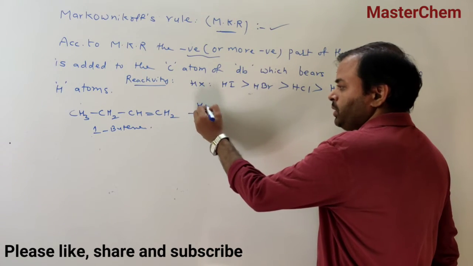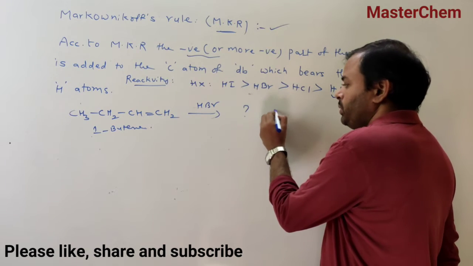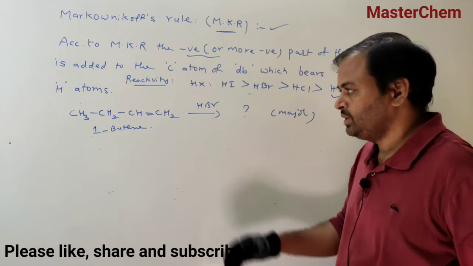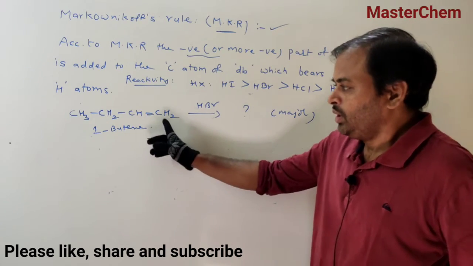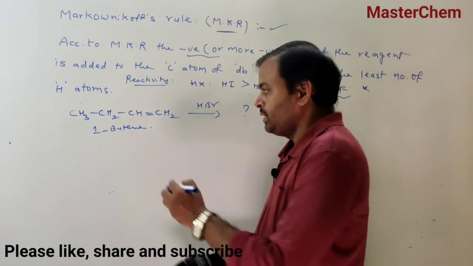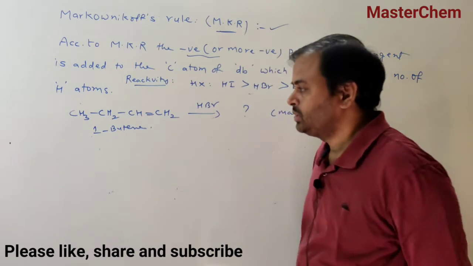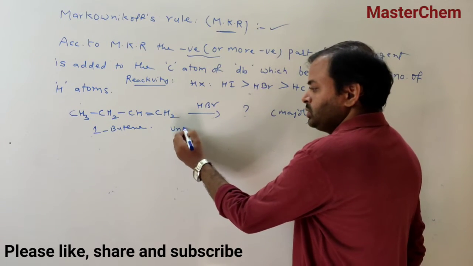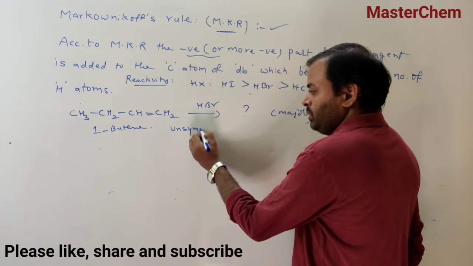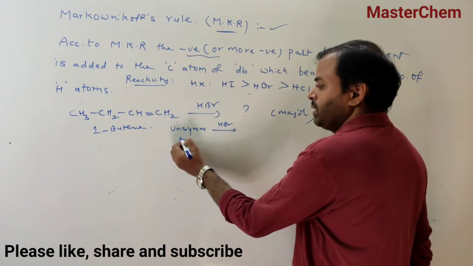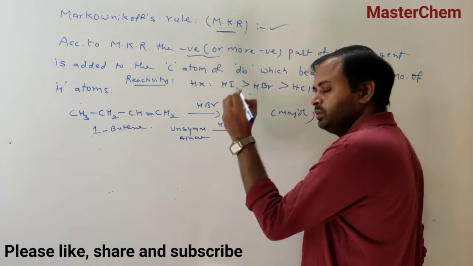Now with HBr, what is the major product? Which of the following is the major product in this reaction? This is unsymmetrical because both carbon atoms have different attachments. So, unsymmetrical alkene and HBr.